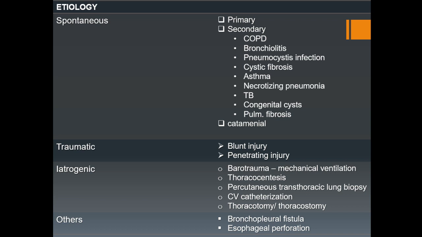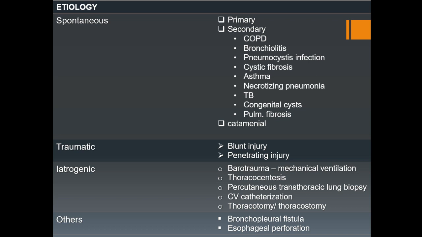Or it may be due to bronchopleural fistula, maybe due to liver abscess or subdiaphragmatic abscess, or acute pancreatitis, leading to an inflammatory process below the diaphragm that ruptures into the pleural cavity and then to the parenchyma, what we call bronchopleurodiaphragmatic fistula.